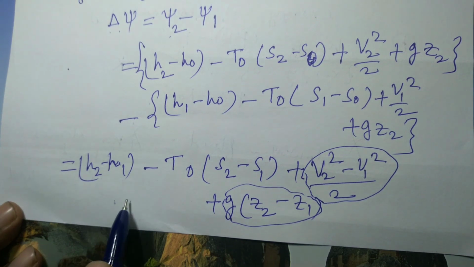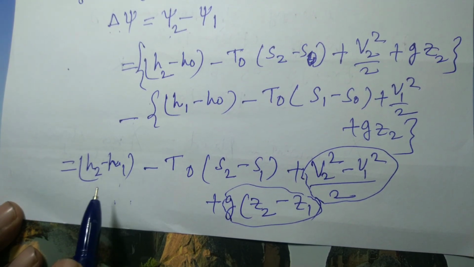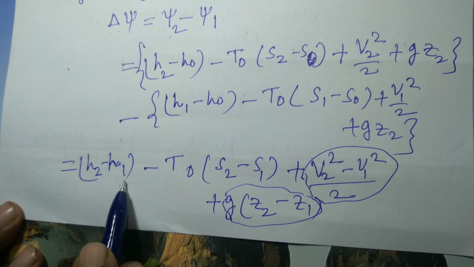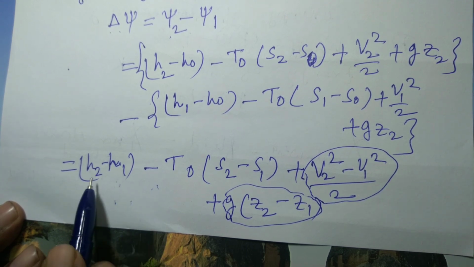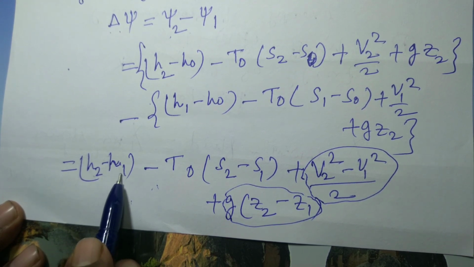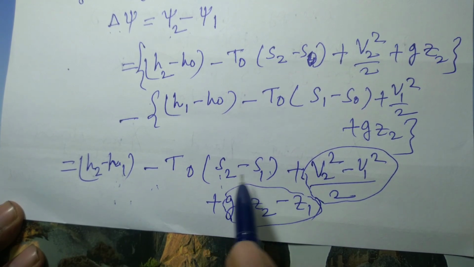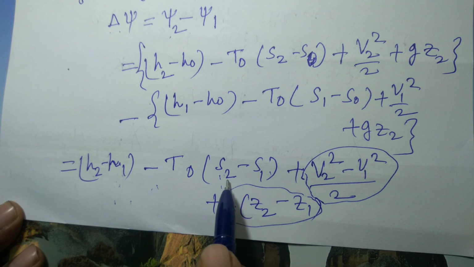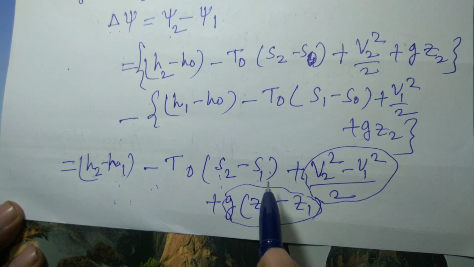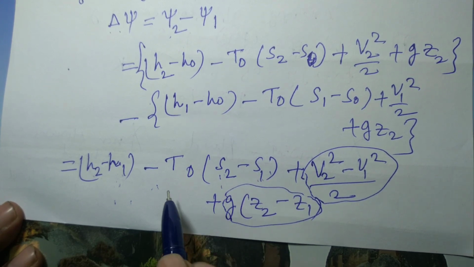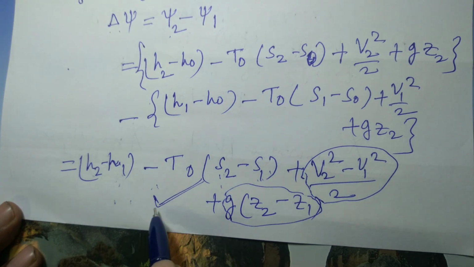But this is the expression for change in exergy of a flowing fluid when it undergoes a process from state 1 to state 2, where h2 is the specific enthalpy of the fluid at state 2 and h1 refers to the specific enthalpy of the fluid at state 1. Similarly, s2 and s1 represent the specific entropy of the fluid at state 2 and state 1 respectively. So this is the expression. That's all.